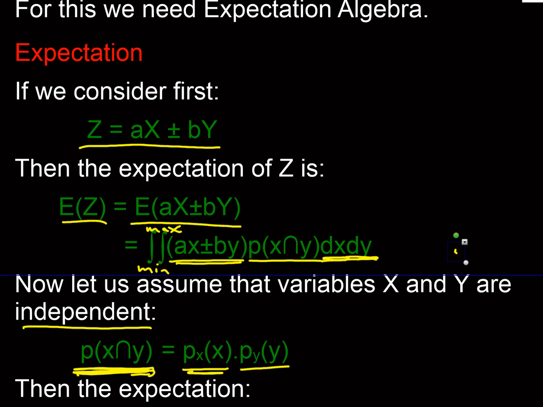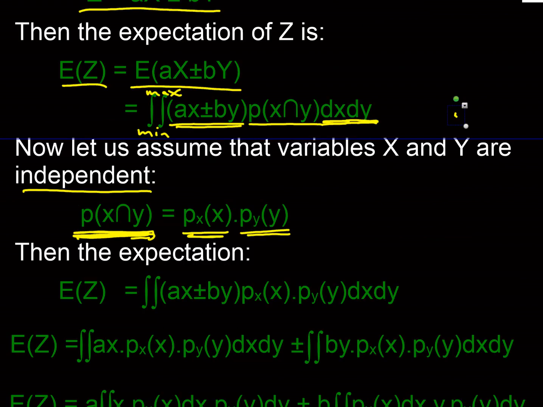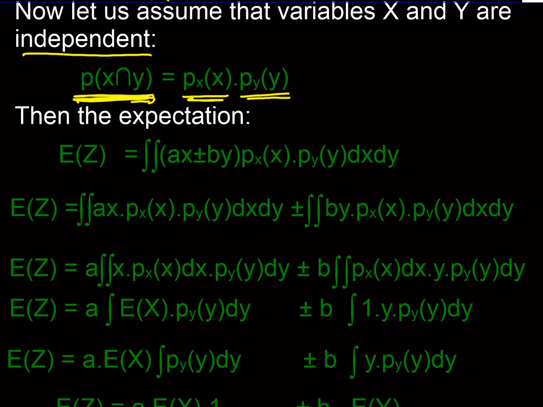So p(x) is the probability of a particular X value, and p(y) is the probability of any particular Y value. Okay, so if I put that into my integral, I've got my Z value again here, multiplied by p(x), multiplied by p(y), and then integrated over the range dx dy from min to max.